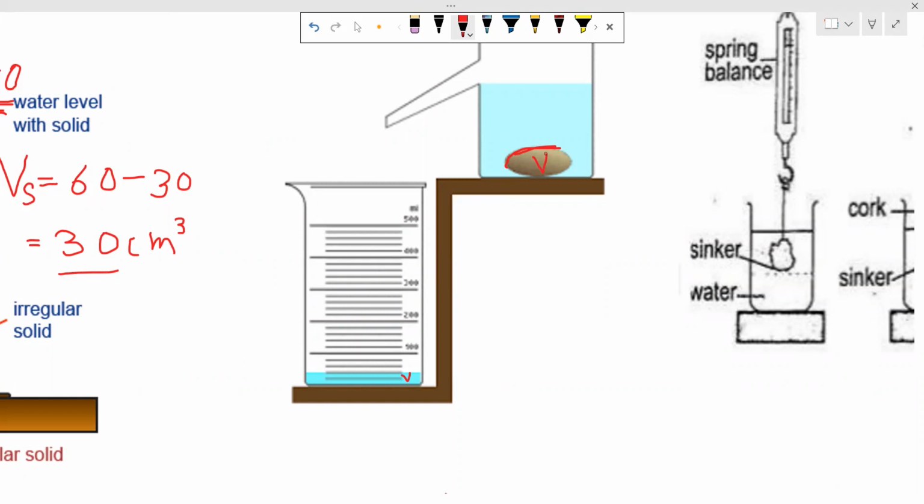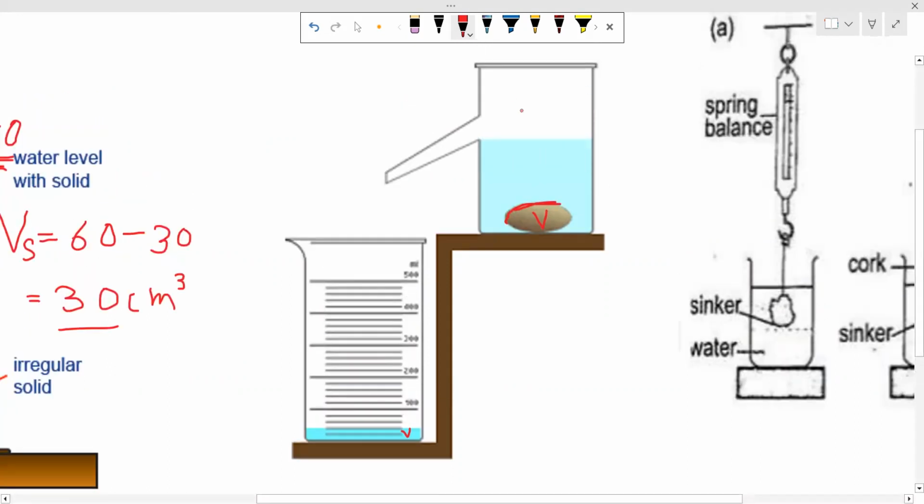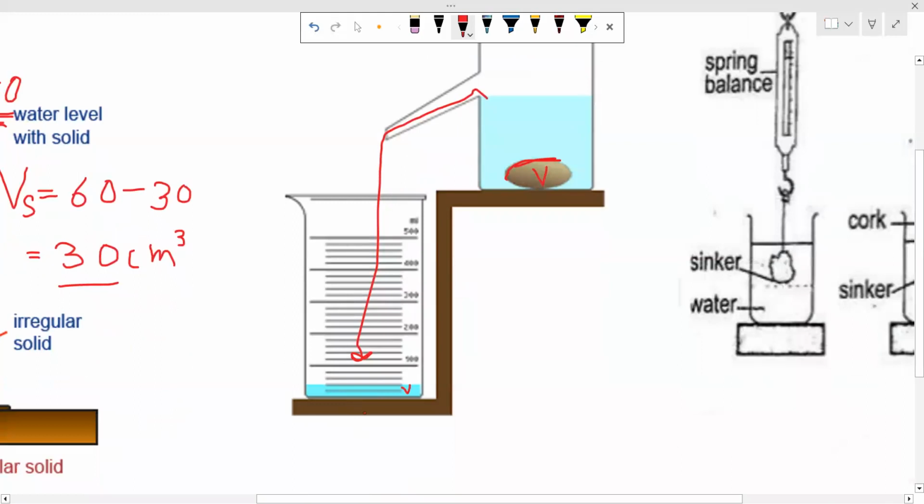Suppose one stone is immersed and some water came out and fell in this overflow flask. The volume of this water was recorded as 200 centimeter cube.